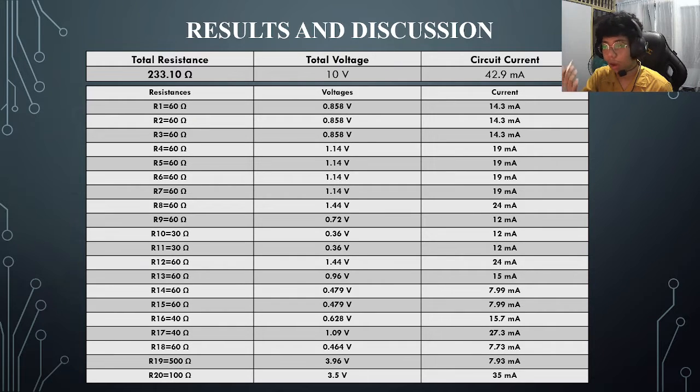I will not be discussing here how we calculated these values because it would take too much time, as we have too many resistors. Like I said, we just obtained these by using Ohm's law.